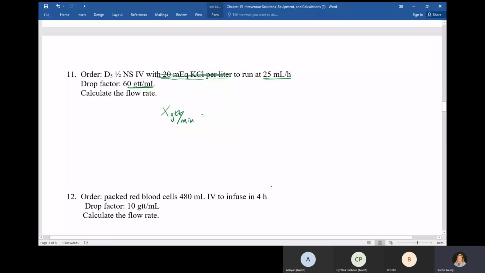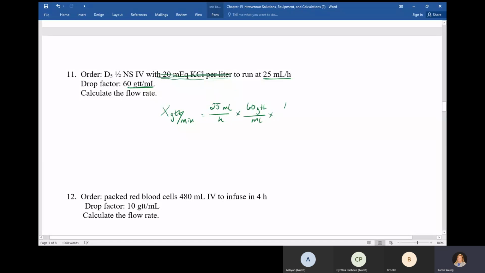Okay, so how many drops per minute did y'all get? No, not quite. Anybody else? Nobody wants to answer my questions. So if we use the 25 milliliters per hour, and then we got 60 drops per milliliter.